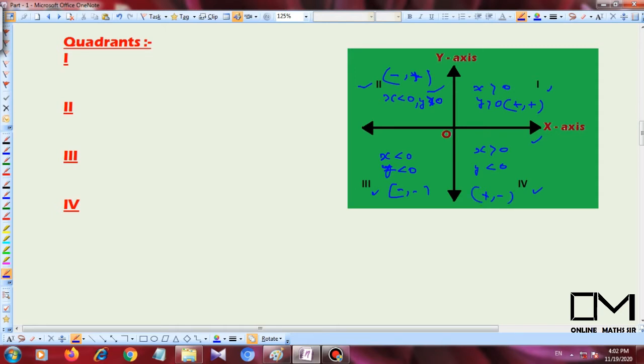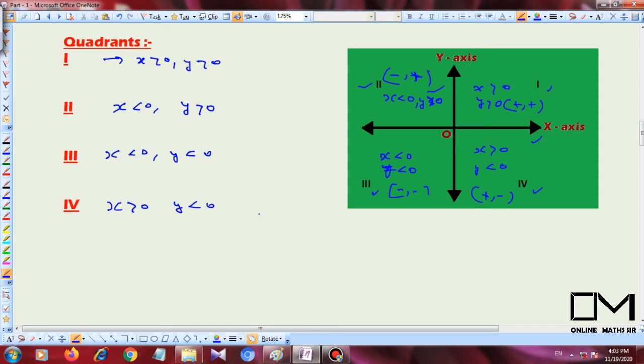Now in the first quadrant, x is greater than 0 and y is greater than 0.